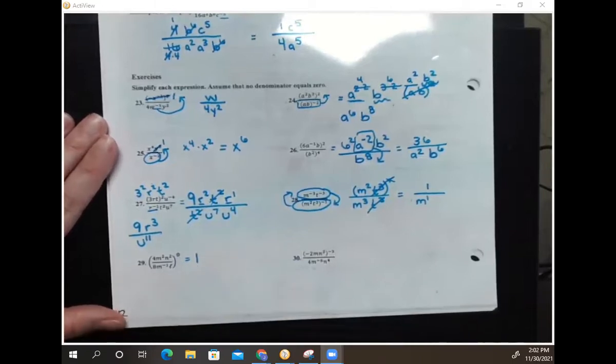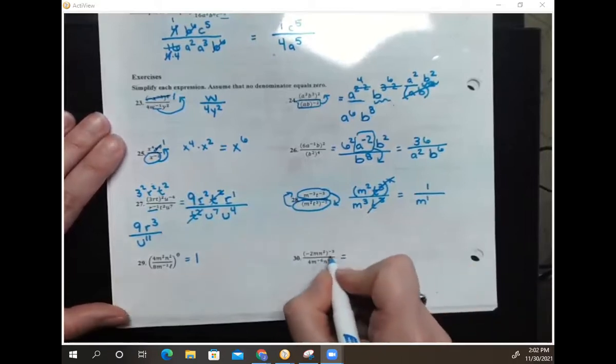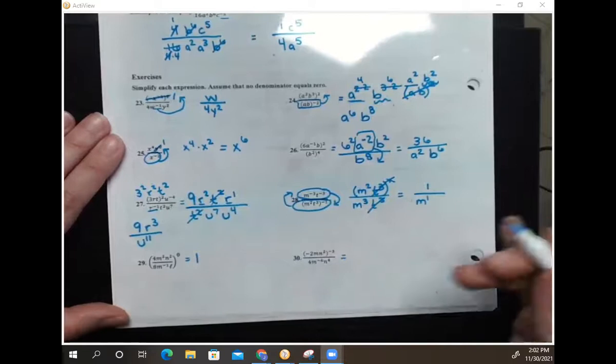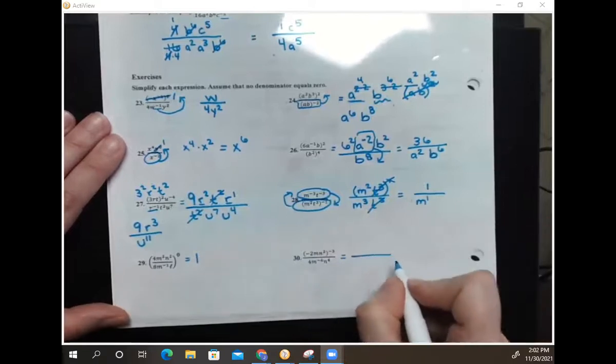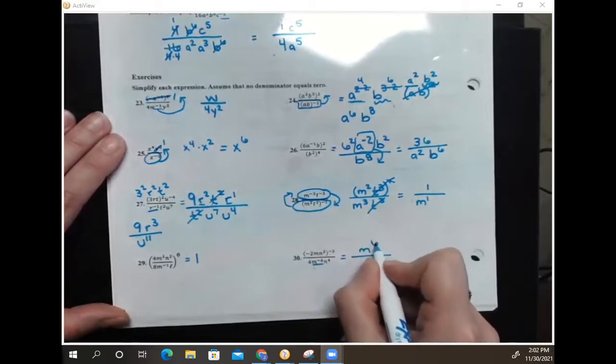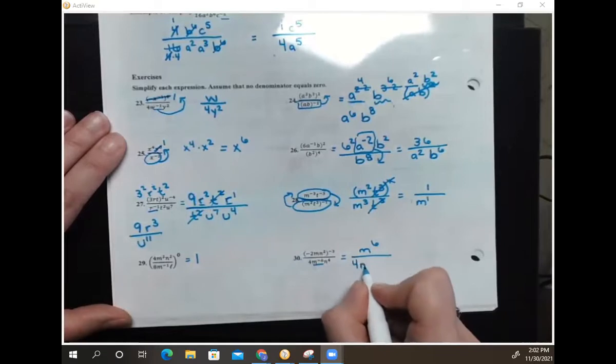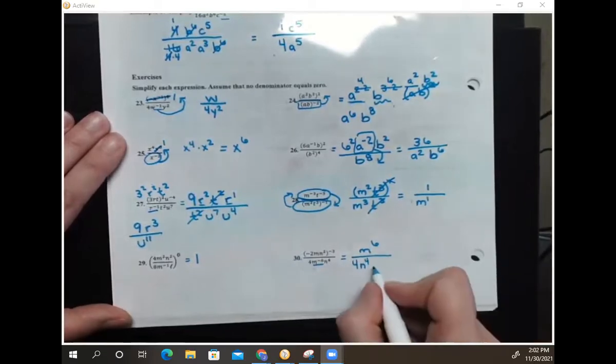And then finally, for number 30, I'm going to start by moving my negative exponents. Since the entire top has a negative exponent, I'm going to move all of those terms to the bottom. And then this m to the negative 6 will move up to the top, become m to the 6th. On the bottom, I've got 4 n to the 4th that's going to stay down there.